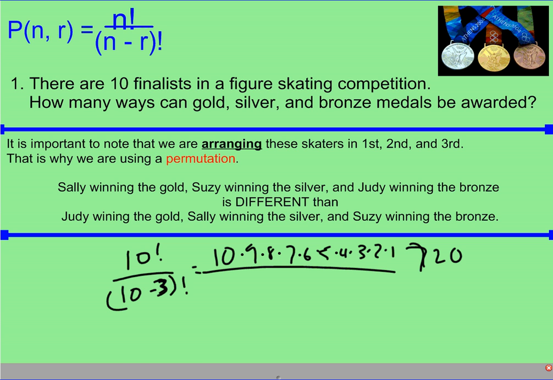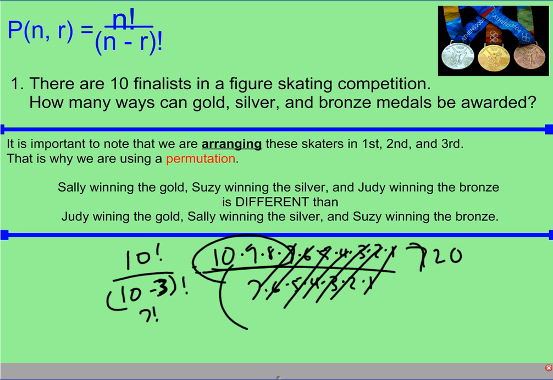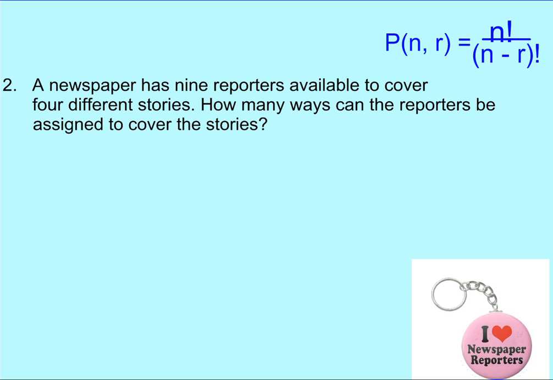That's just 10 factorial over 10 minus 3, which is 7 factorial. That's 10 times 9 times 8 times 7 times 6 times 5 times 4 times 3 times 2 times 1, over 7 times 6 times 5 times 4 times 3 times 2 times 1. Think about this: all of these cancel out. So I'm left with 10 times 9 times 8, which is 720. All right, that's all I'm thinking about here.